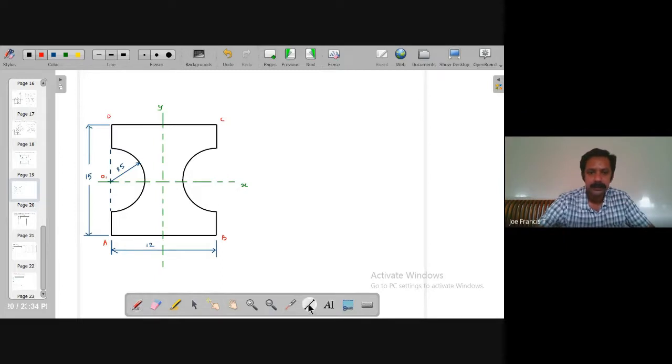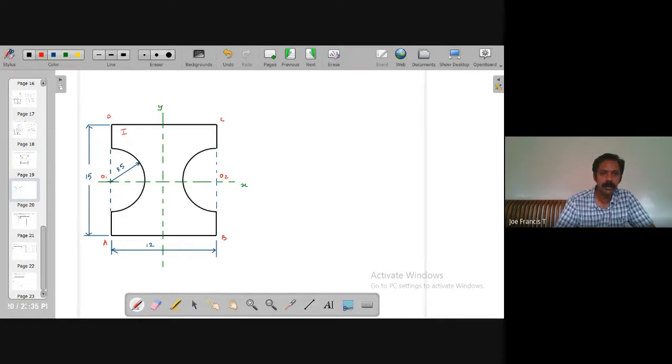Suppose I draw a chained line here. So you have another semicircle here, O2. So we have three parts. Rectangle is the first figure, 1.